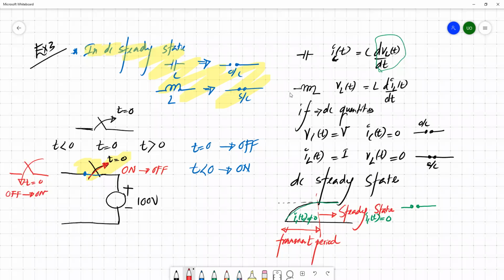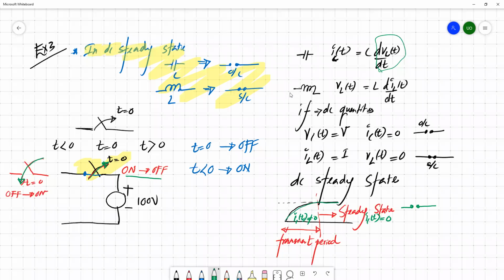If your arrow is something like that, it means the switch was in on state previously and moves to the off state at t equals 0. If your arrow is like that, it means the switch was in off state previously and moved to the on state.